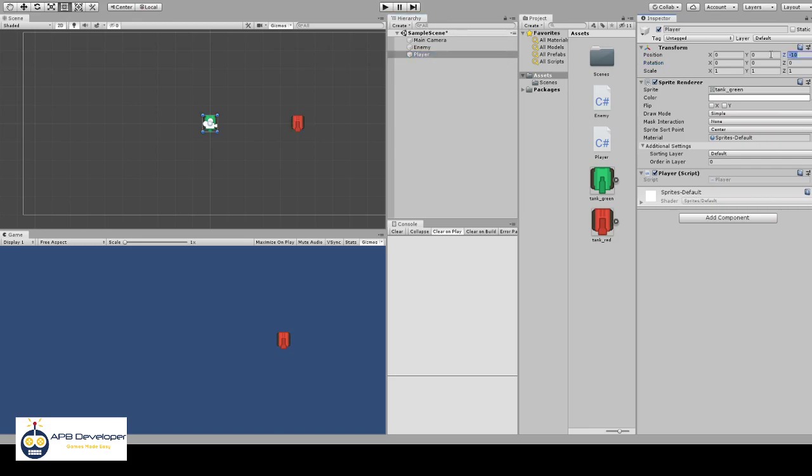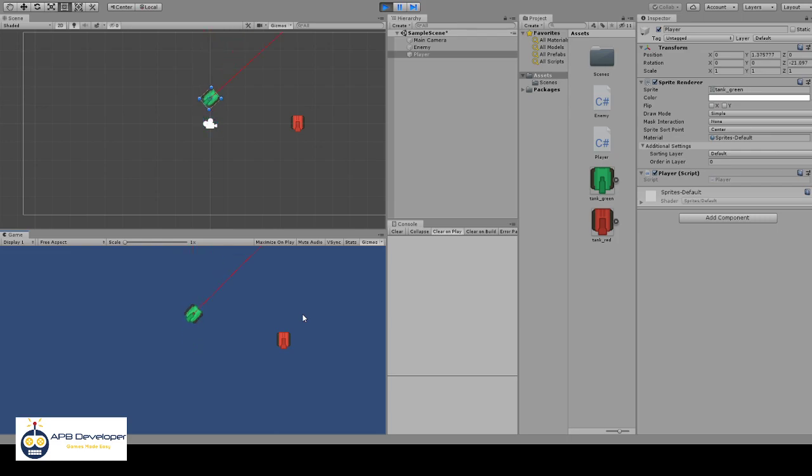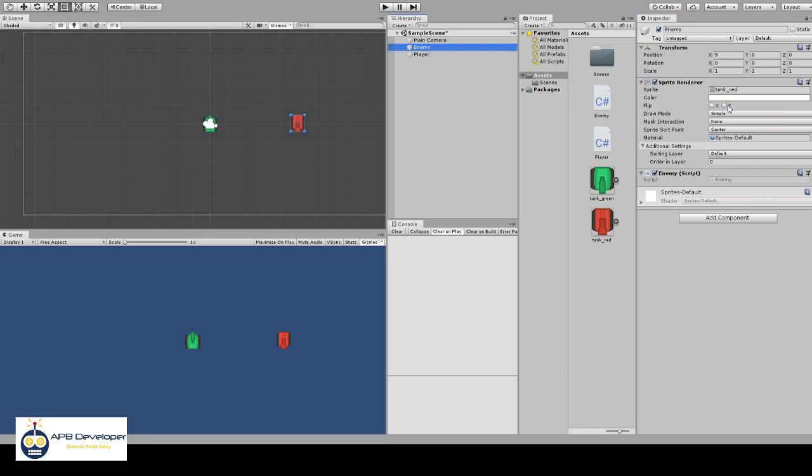This is the player. We'll leave them at 0. They've got the player script, so if we now run it. Oh. So we can move around, we can rotate left, we can rotate right. One thing I've noticed is the sprite's flipped, so we'll just flip that over. Do the same on the enemy tank.